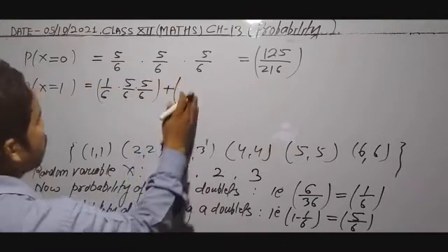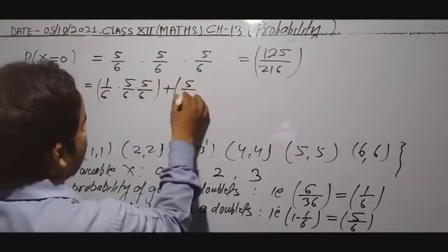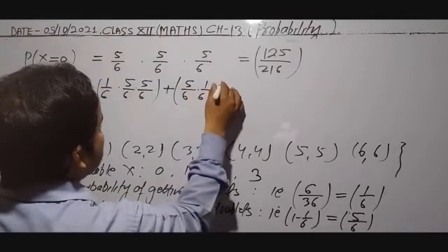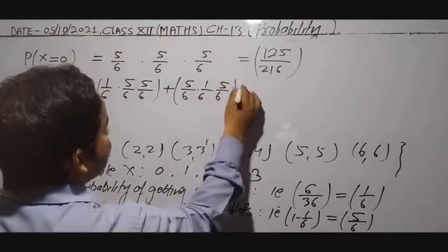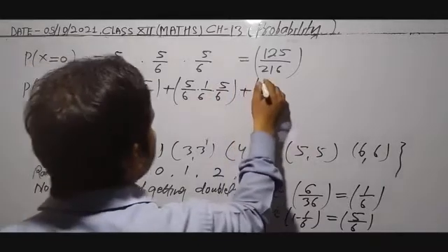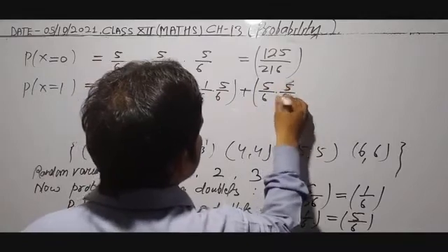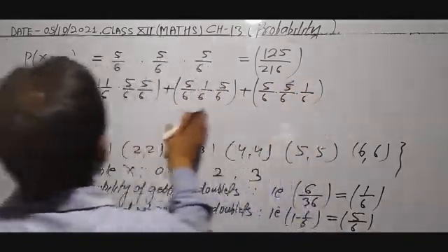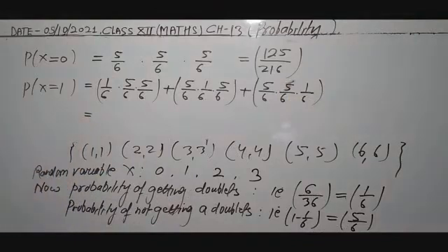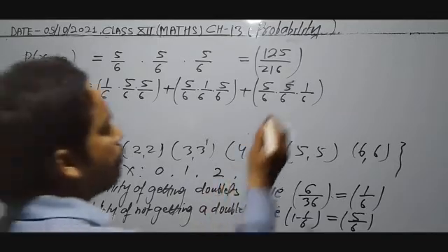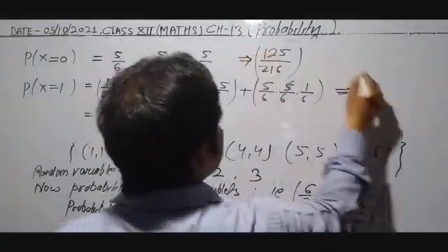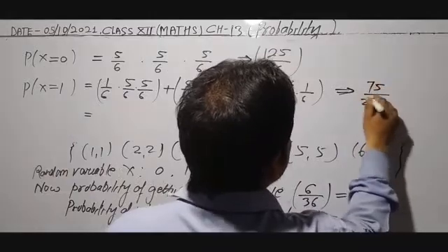Or the first is a non-doublet, the second a doublet, the third a non-doublet. Or the first and second are non-doublets and the third is a doublet. Each gives 25 by 216, so the result will be 75 by 216.